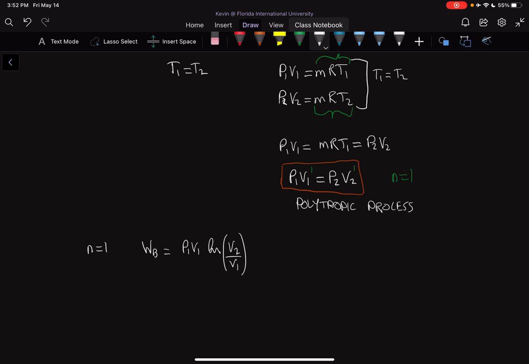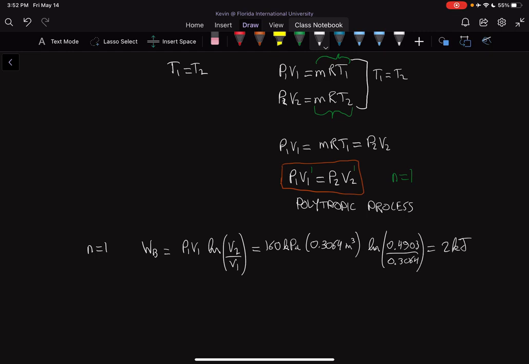So this is equal to 160 kilopascals multiplied by 0.3064 meters cubed, multiplied by ln of 0.4903 over 0.3064, which is equal to 23 kilojoules.